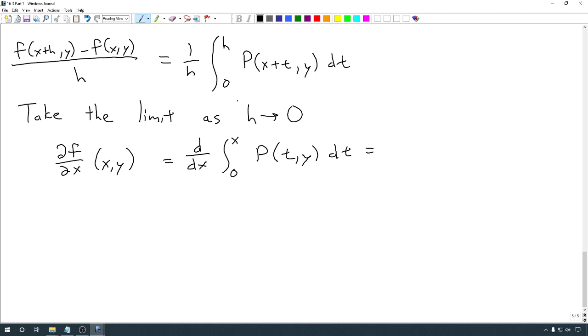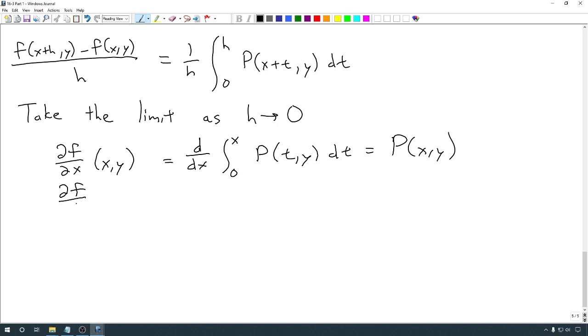We've turned this integral into a derivative, but it's a derivative where the variable that we're differentiating with respect to is one of our limits. And recall from the original fundamental theorem of calculus, or at least one version of it, when we differentiate an integral of this form, we simply get the integrand with our variable replacing the integration variable. Basically, this turns into P of (x, y). So the derivative of f with respect to x not only exists, but it is equal to P.